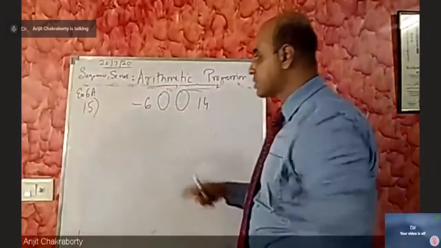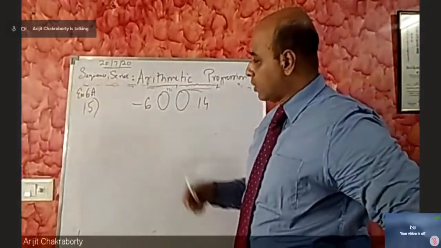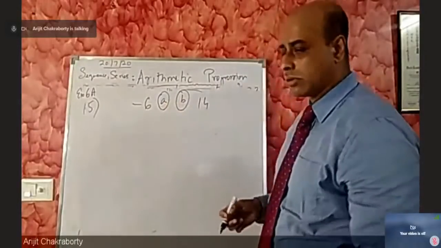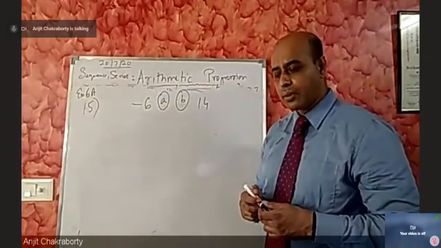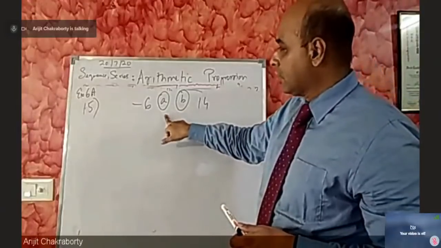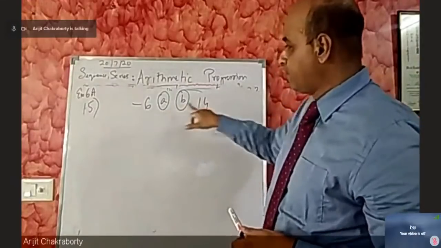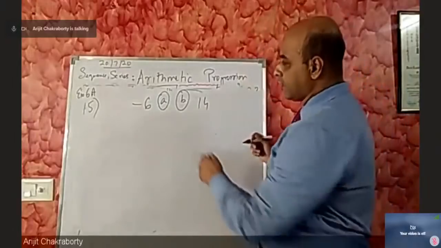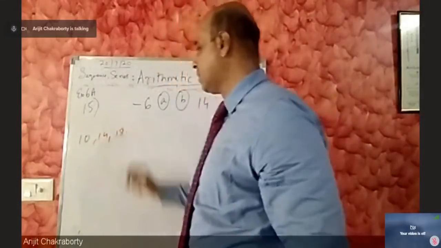So what I do here is, two means have to be inserted. Right. So what I do is, let the means be A and B. Okay. So A and B will be inserted. Okay. Now, A and 14 and B, can we say that, like we saw the example 10, 14 and 18.